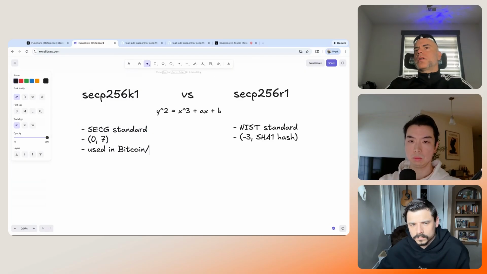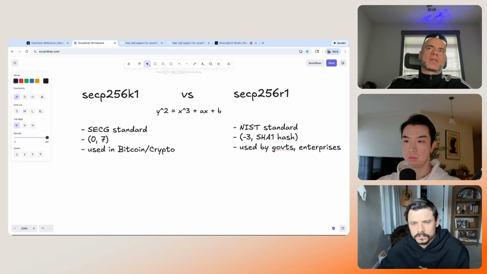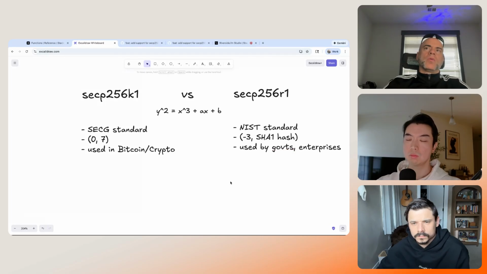So if we backtrack a little bit to the 2000s, we had a series of disclosures about cryptography and about how the American government interacted with standards in ways that were seen as nefarious. There was a random number generator called the Dual EC DRBG.